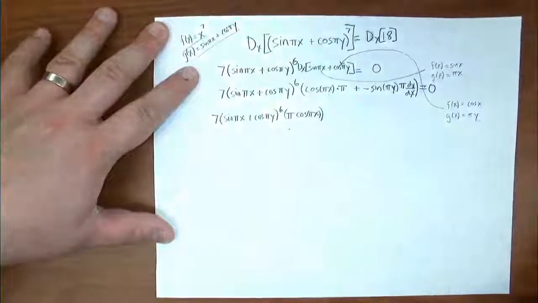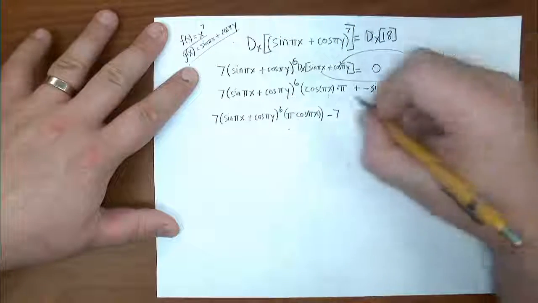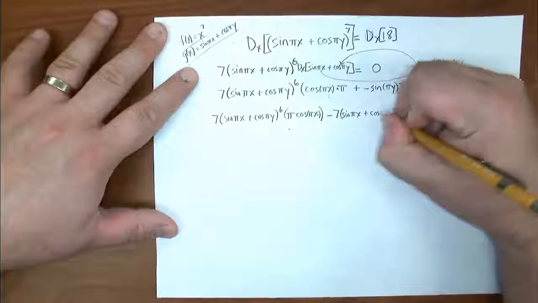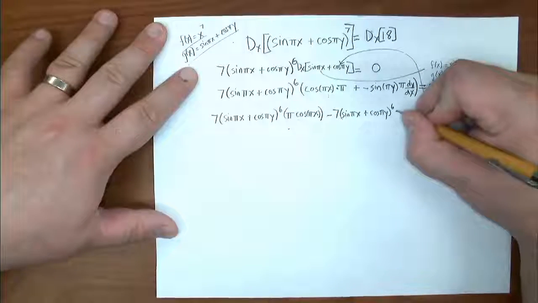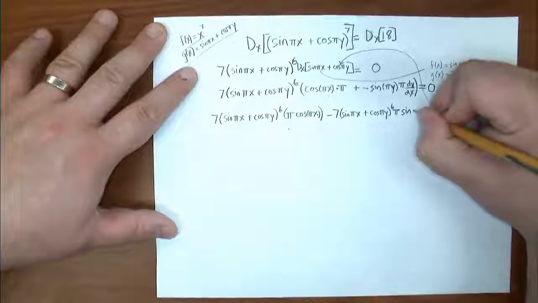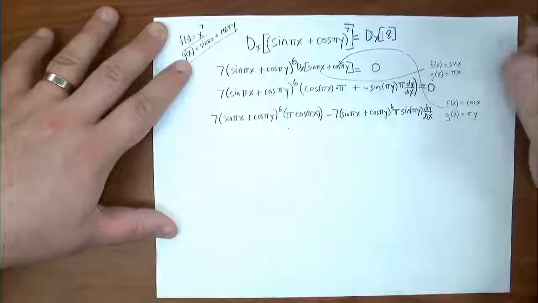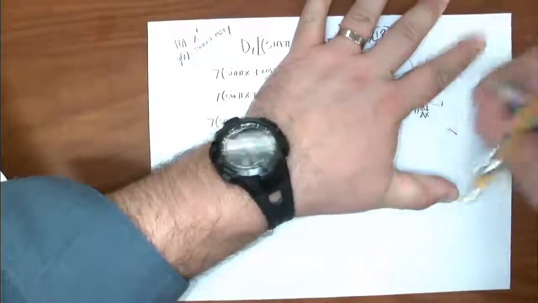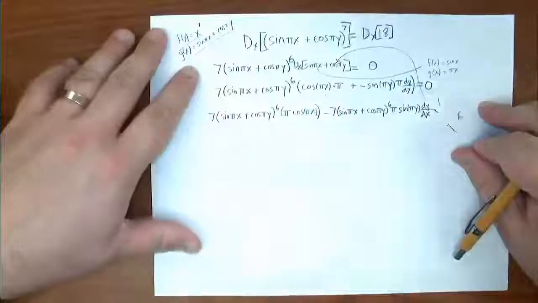So we have that minus this, which is 7 times (sine pi x plus cosine pi y) to the 6th power times, let's see, yikes, we have a pi times a sine of pi y times a dy/dx, and I'm running out of room. So I'm going to erase a little bit. Equals 0.